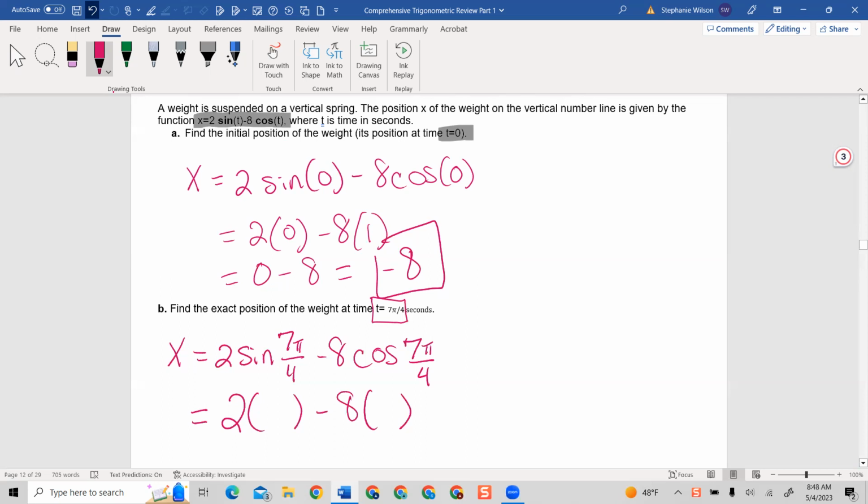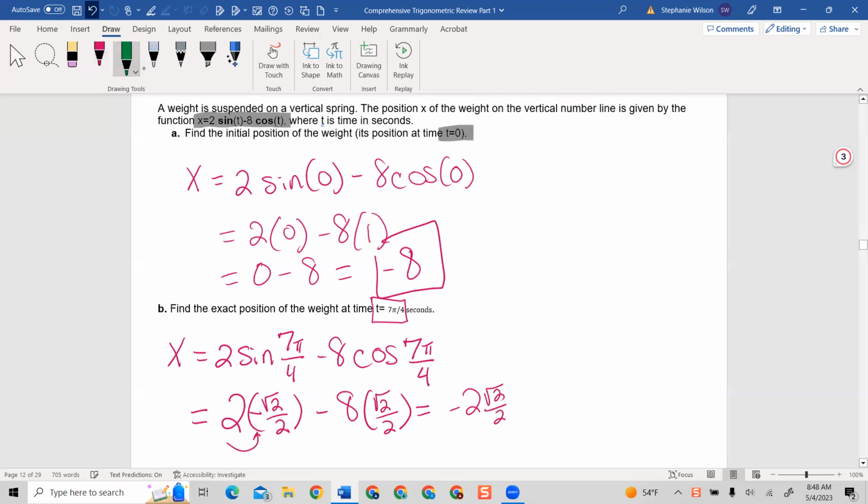Okay, so I get a negative square root of 2 over 2 for the sine value. Cosine at 7 pi over 4, I get square root of 2 over 2. If you see 4 in the denominator on the unit circle, we usually get the square root of 2 over 2, just depending on what quadrant it falls in, whether it's negative or not. So I got this negative times this positive, so it's -2 square root of 2 over 2.